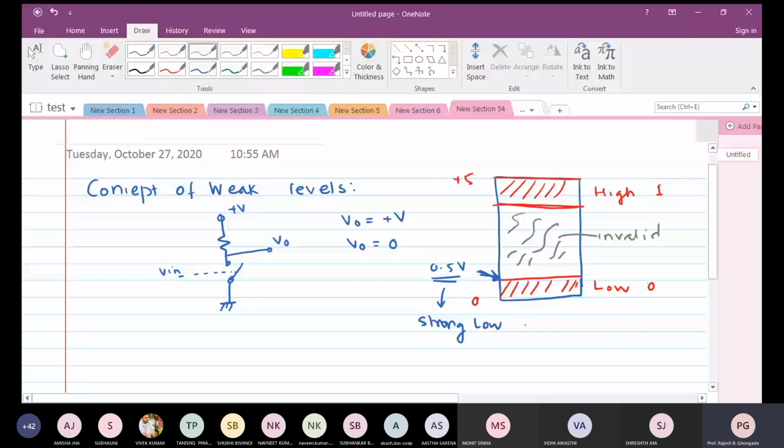There is nothing called a strong zero. This value is ideal, whereas 0.5 volts is not ideal. You should have had 0 there. But since you have 0.5, it is on the fringe of this boundary. I'll say that it is a weak value or a weak low. It means that it is a low value, but it is weak.